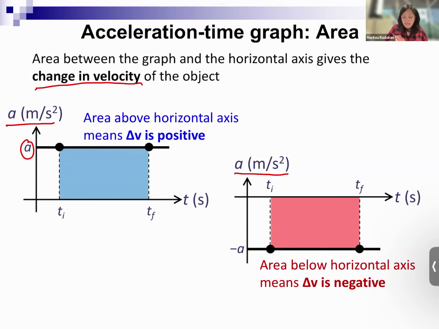And likewise, as with the displacement we've seen earlier, if the area is above the horizontal axis, then the change in velocity will be positive. And if the area is below the horizontal axis, then the change in velocity will be negative.